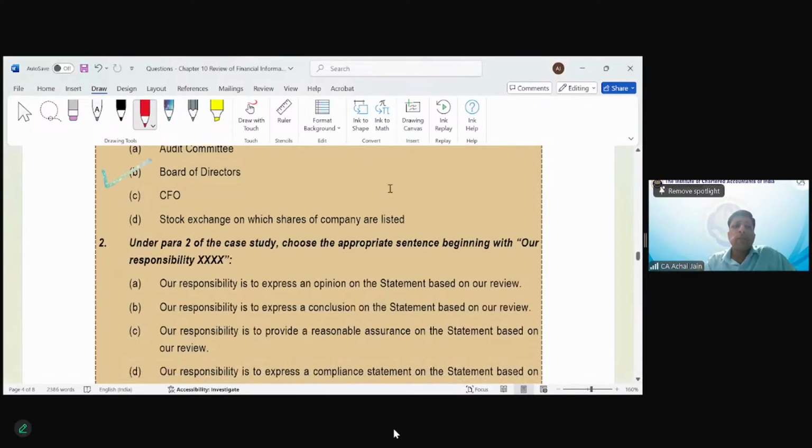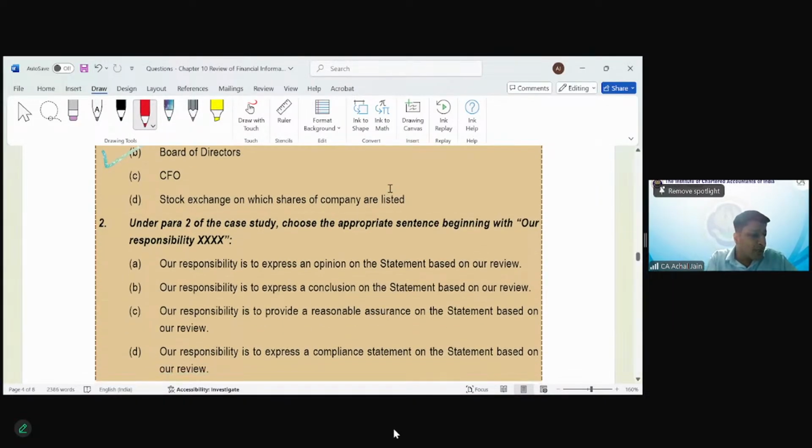Next. Under para 2 of the case study, choose the appropriate sentence beginning with 'our responsibility'. If you remember, under our responsibility, they have not completed that, so you need to complete it. Our responsibility is to express an opinion. Our responsibility is to express a conclusion. Our responsibility is to provide a reasonable assurance. Our responsibility is to express a compliance statement.